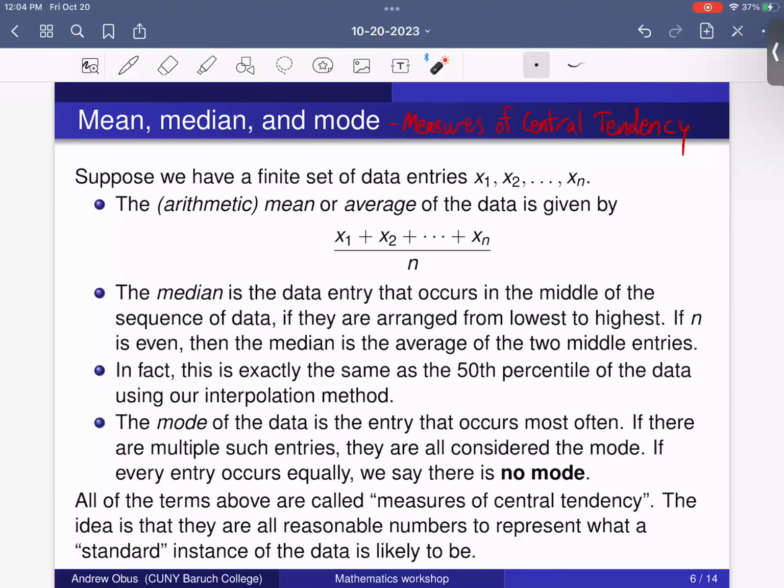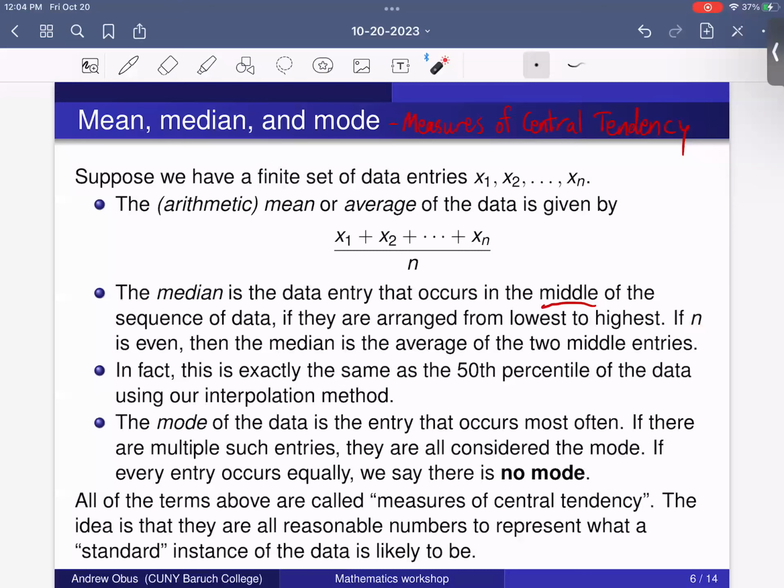Sometimes the average can actually be misleading. We'll see an example of that. And it's better to use what's called the median. So the median is the data entry that occurs in the middle of the sequence of data when everything is arranged from lowest to highest. So you take the middle entry, and if n is even, if you have an even number of data entries, then the median is the average of the two middle entries.